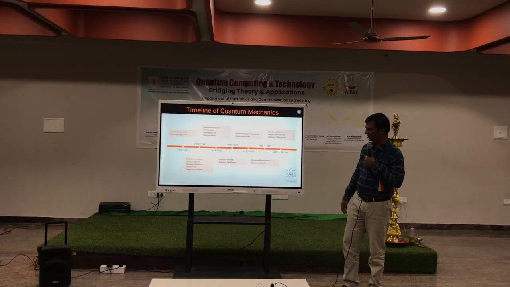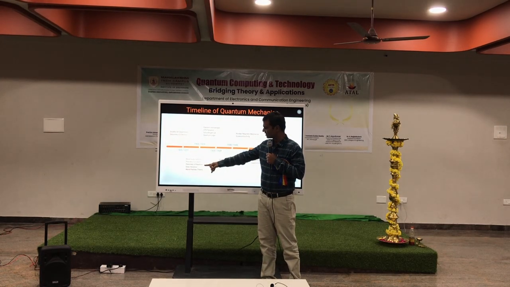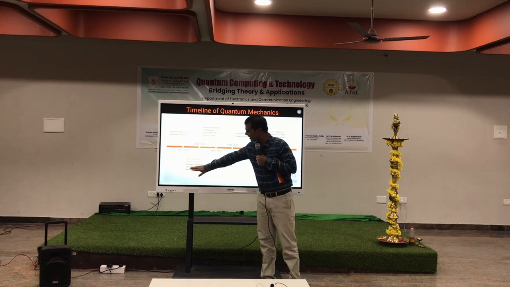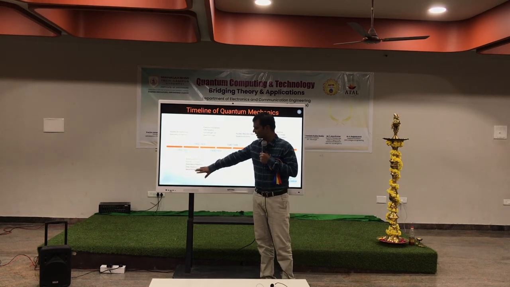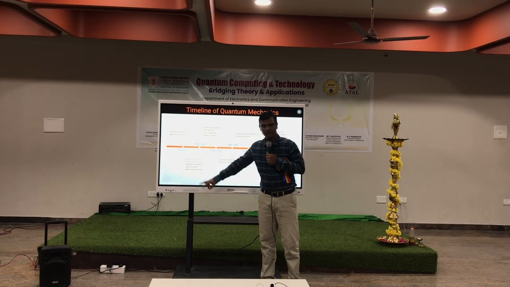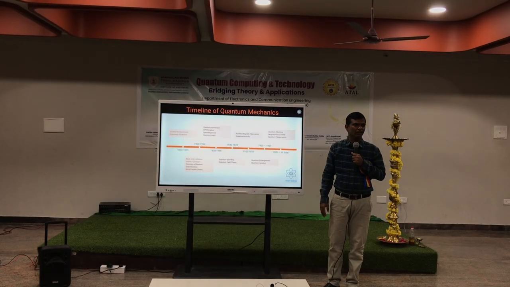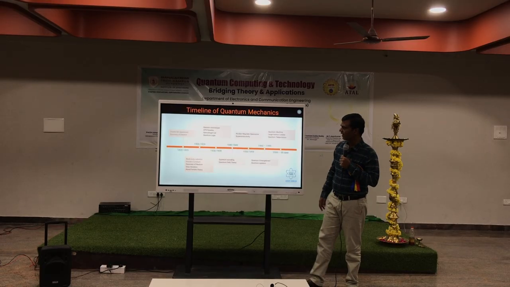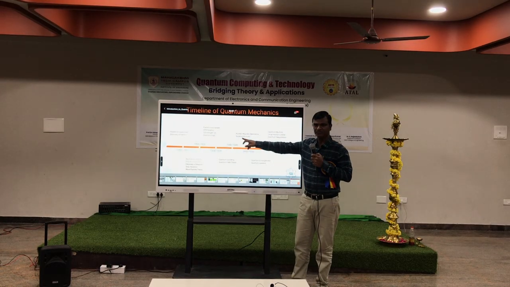This includes black body radiation, Planck's constant, and the discovery of Dirac notation, which we will see in mathematics. Wave-particle theory and all these remaining four things, except Dirac notation, you are already familiar with from +2 physics. And the EPR paradox, Schrodinger's cat, and quantum logic we will see.